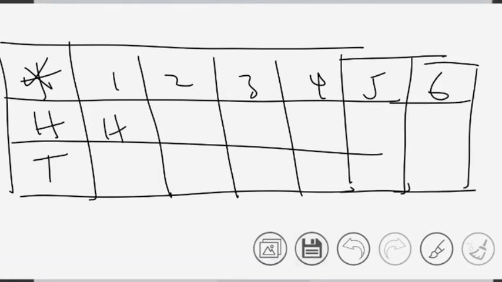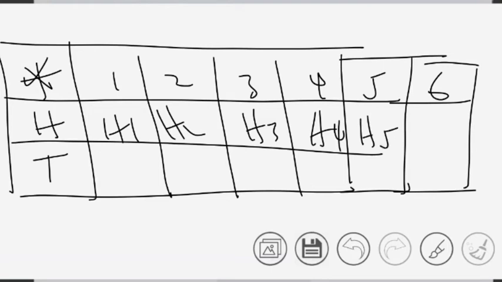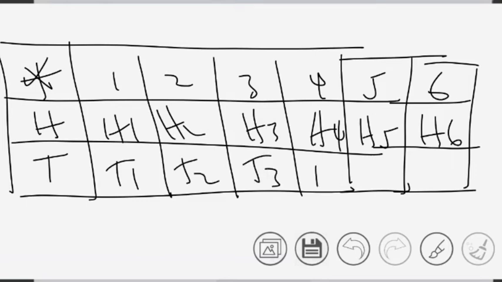So I have head 1, head 2, head 3, head 4, head 5, head 6, tail 1, tail 2, tail 3, tail 4, tail 5, and tail 6. So I'm going to be having my sample, and I think this is easier, and you can use it at any point. It's actually easier.